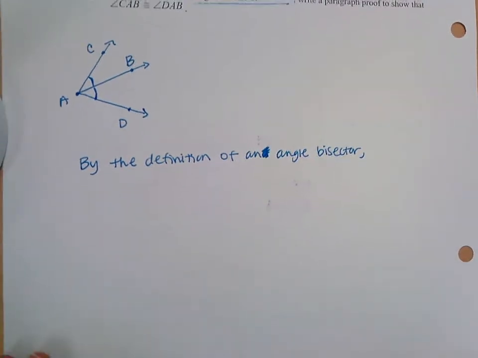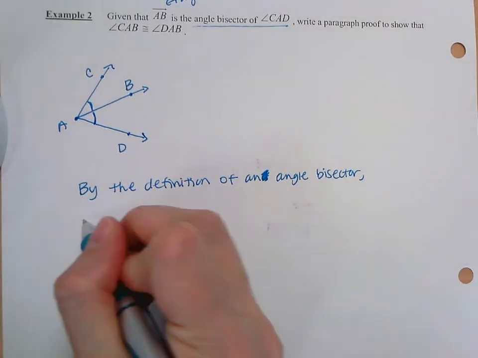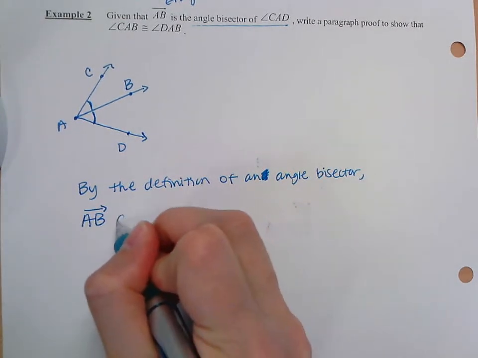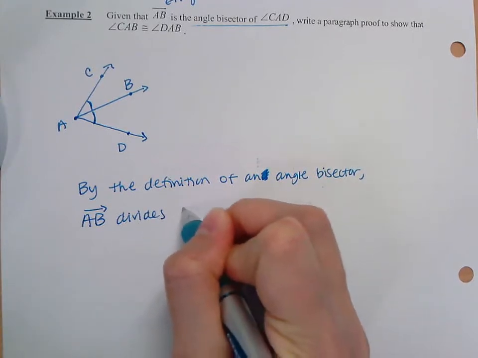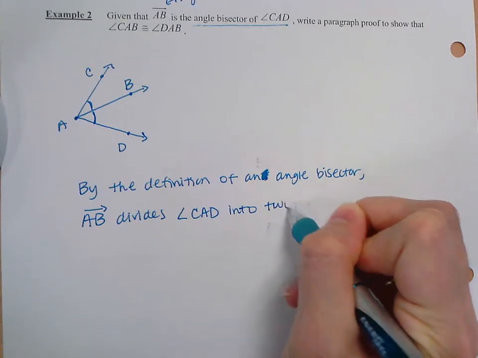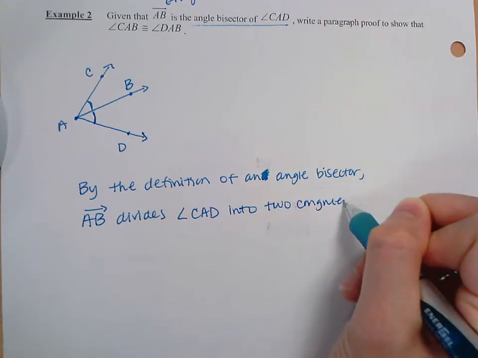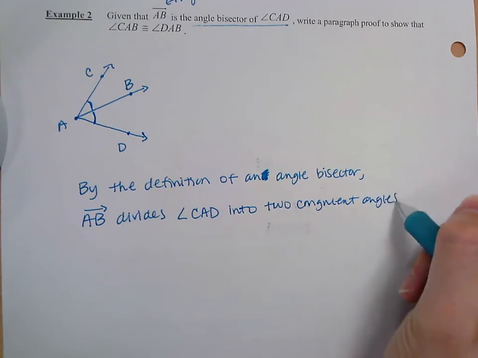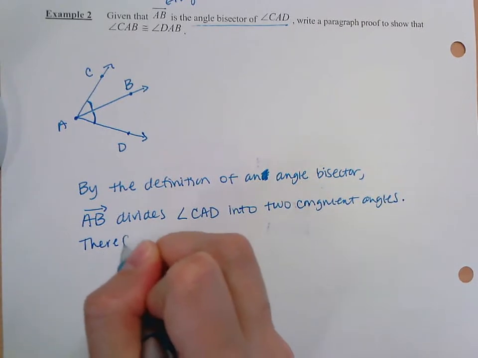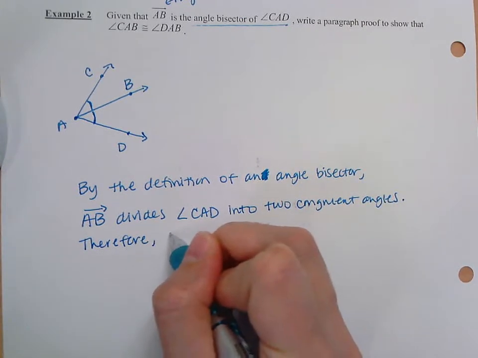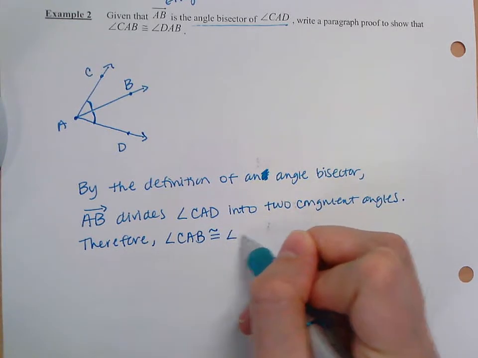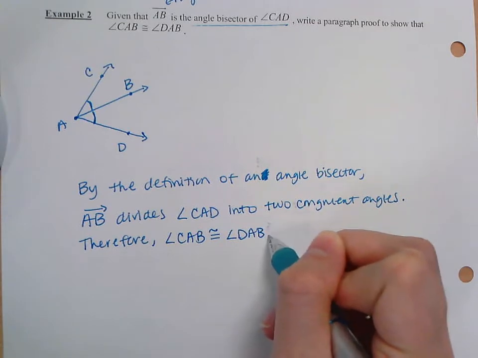So by the definition of an angle bisector, I'm going to say ray AB divides angle CAD into two congruent angles. So therefore, angle CAB is congruent to angle DAB.